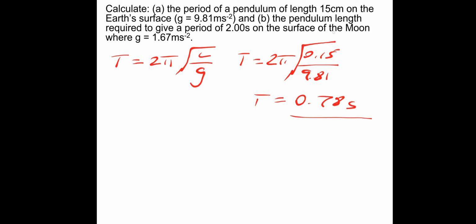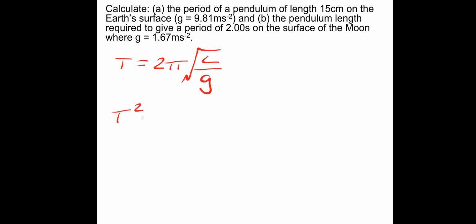So I'm going to get rid of that and do part B. The pendulum length required to give a period of 2 seconds on the surface of the Moon, where g is 1.67 meters per second squared. So same equation, 2 pi root L over g. We need to find length, so I'm going to square everything.